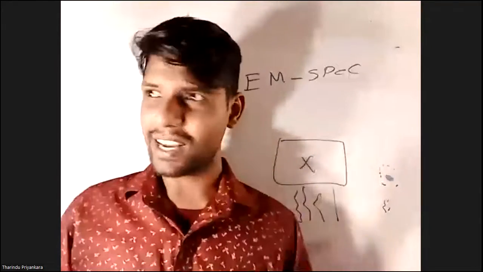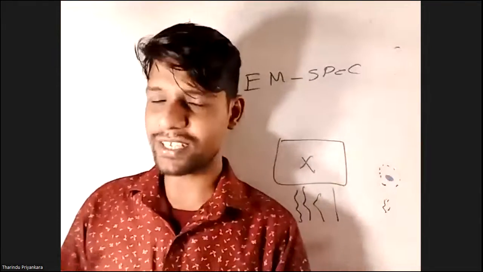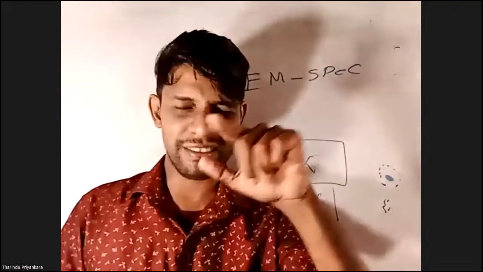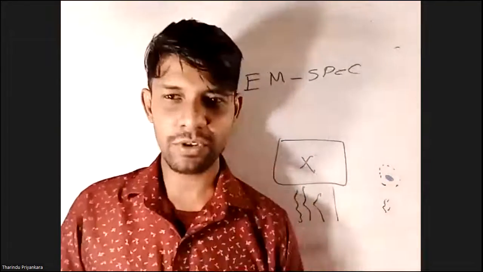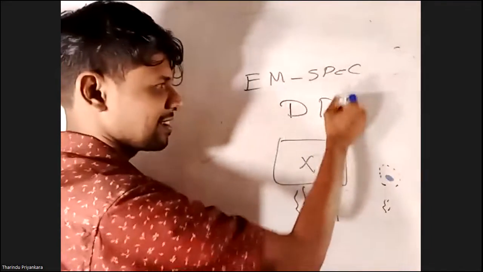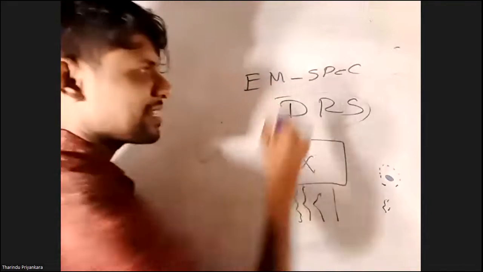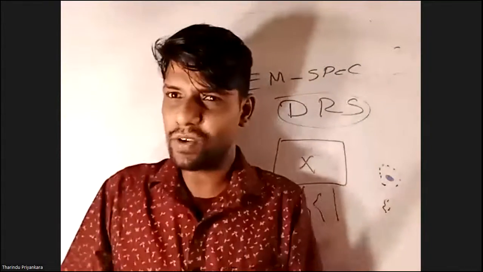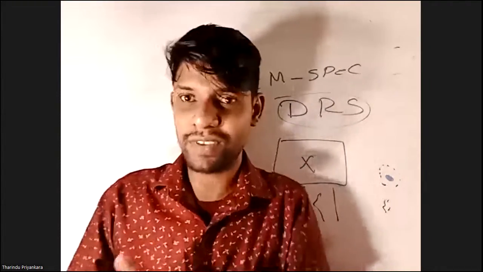Okay, this is the World Cup season. Tomorrow it is the final. But in this World Cup, we miss a really important thing in terms of DRS. What is the DRS? DRS means the decision review system. Whether you are given out or not, you can review and confirm.